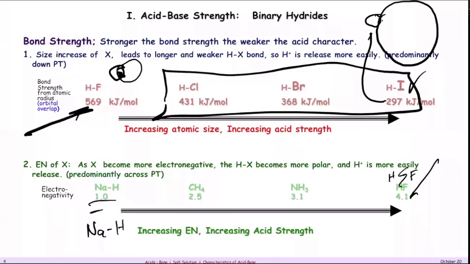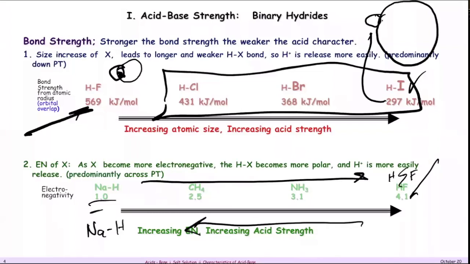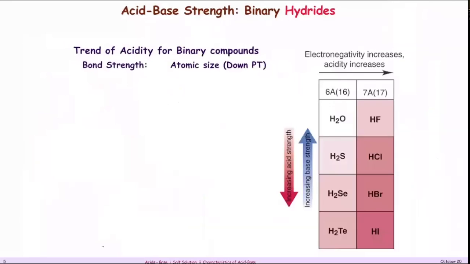In fact, we can look at the electronegativity and say that acid strength goes in that direction, base strength goes in that direction. It's always opposite. If strong acids are in one direction, then bases are going to be in the opposite direction because of this concept called conjugate. So that's what we see right here.